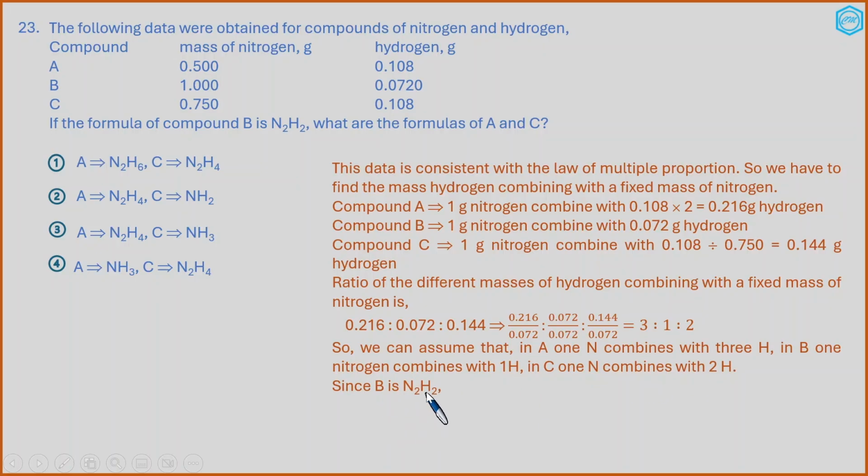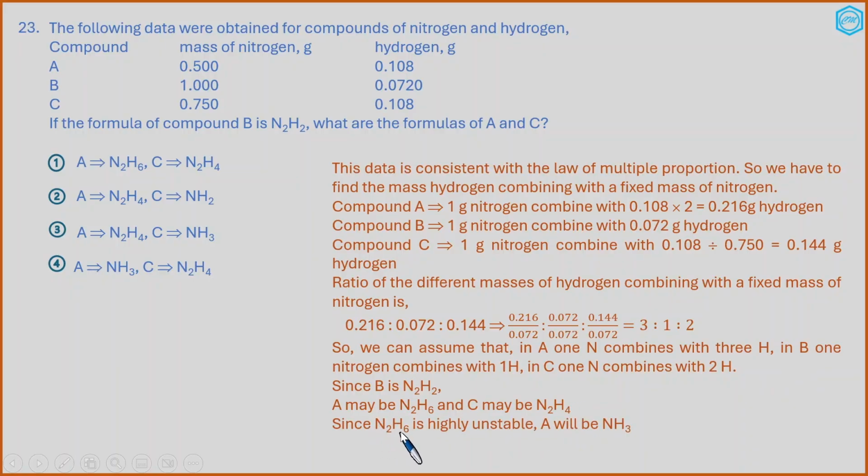B is given as N2H2, and in B, 1 nitrogen combines with 1 hydrogen. So we have to multiply by 2. In A, 1 nitrogen combines with 3 hydrogen, so it is N2H6, and C may be N2H4.